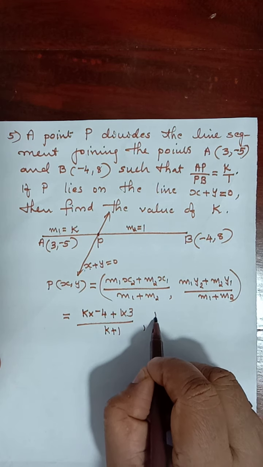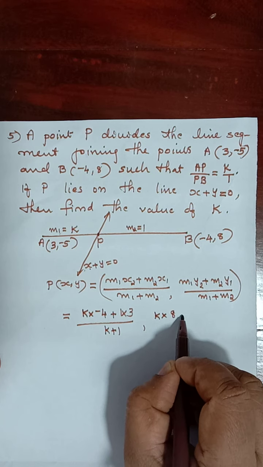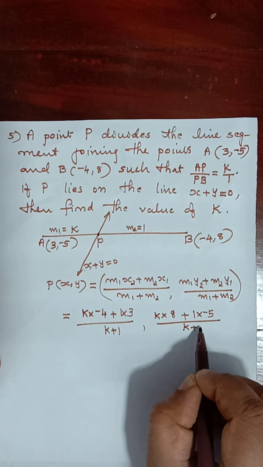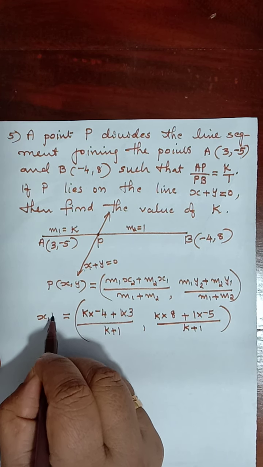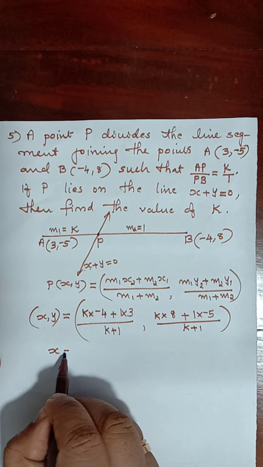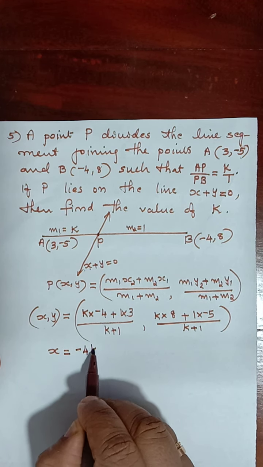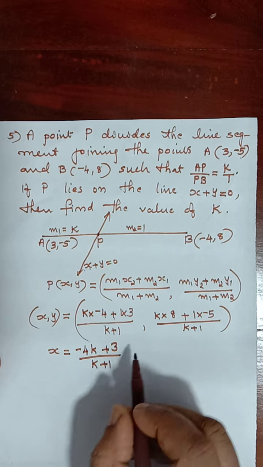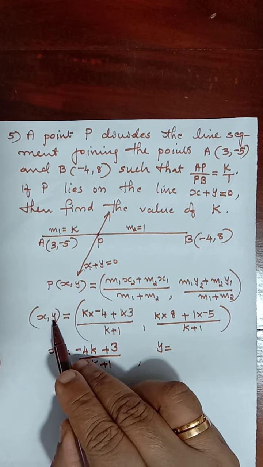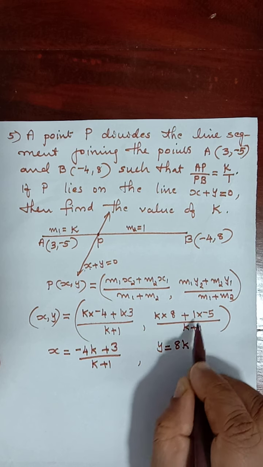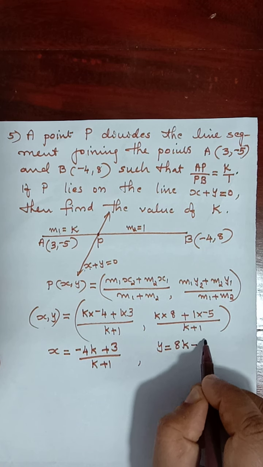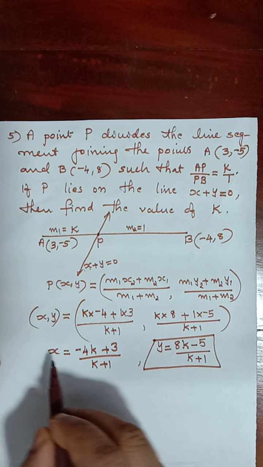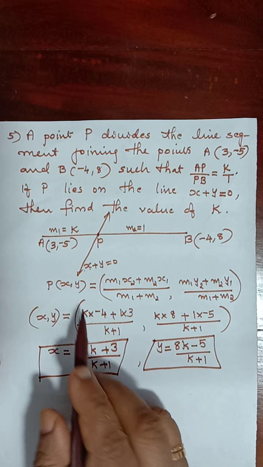Here we have x equal to (negative 4k plus 1 into 3) divided by (k plus 1). And our y value is y equal to (8k plus 1 into negative 5) divided by (k plus 1). This x and y values we have to substitute in the equation of the line.